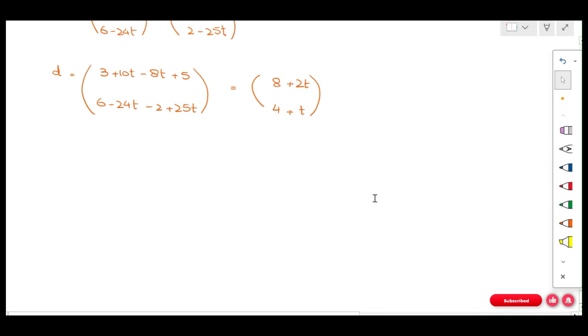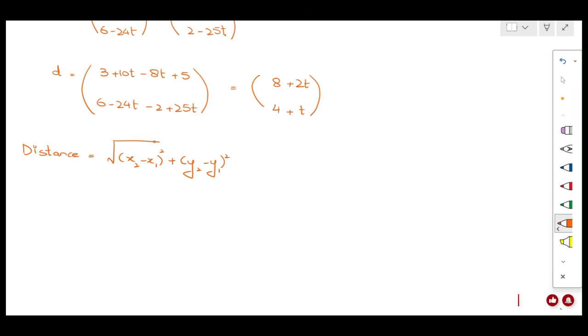Now we need to solve for the distance. What is the distance formula? Square root of (x2 minus x1) whole squared plus (y2 minus y1) whole squared. That is your d. Here the top one is x2 minus x1 and the bottom one is y2 minus y1.